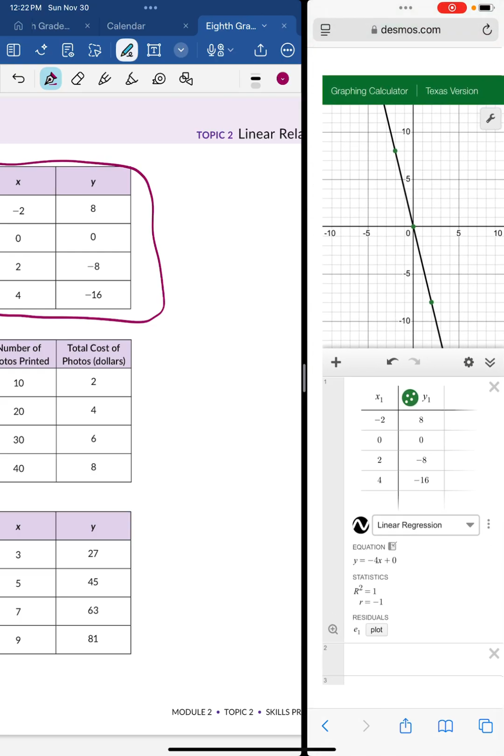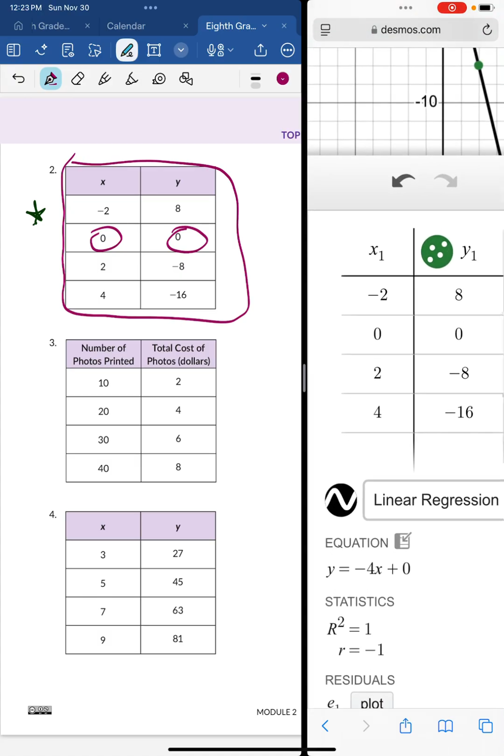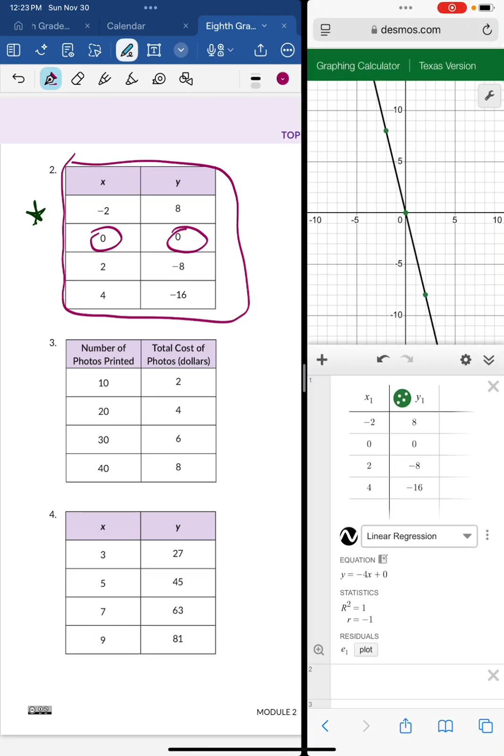It's a proportional relationship. And we knew that because we had 0, 0 on our table. So we knew it was going to be proportional, but it is going to have a slope of -4. So we could write that equation as y equals -4x plus 0, or y equals -4x.